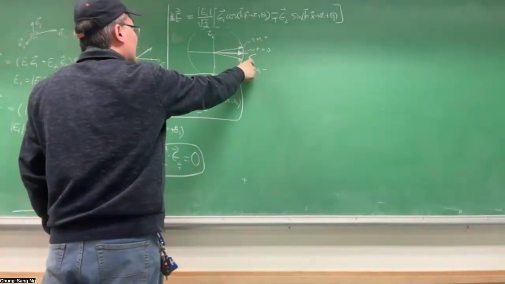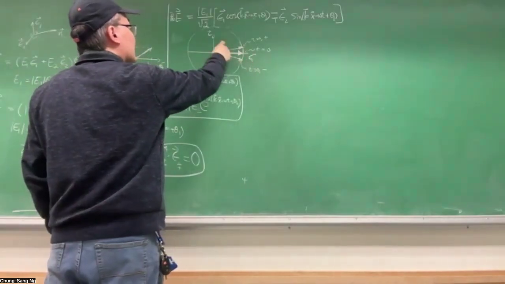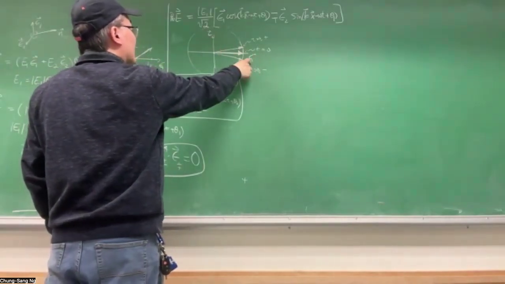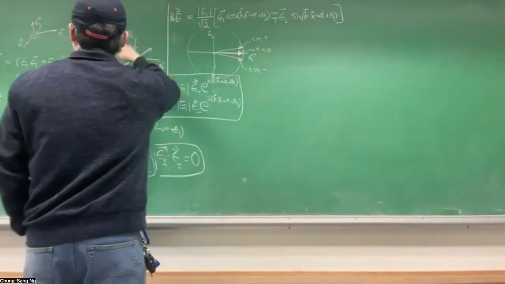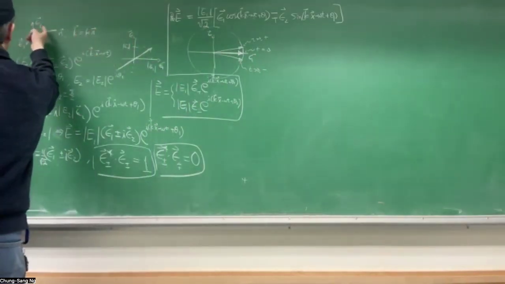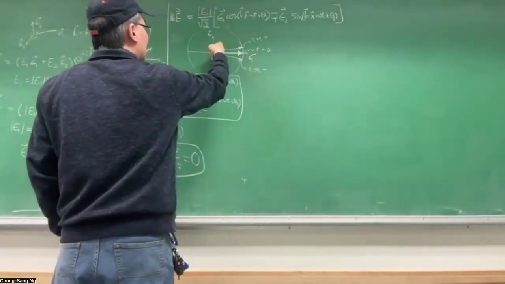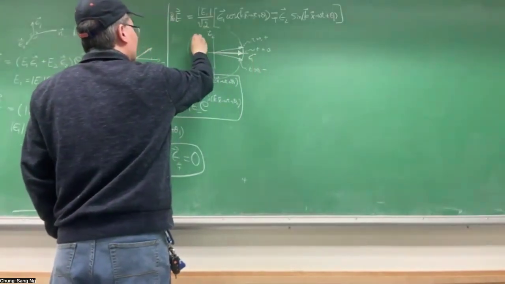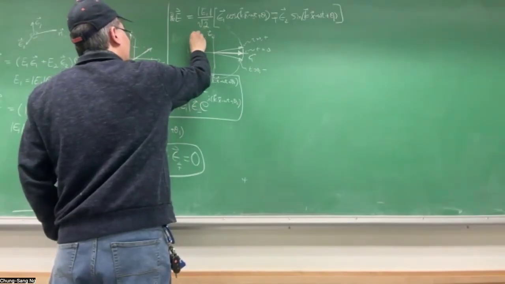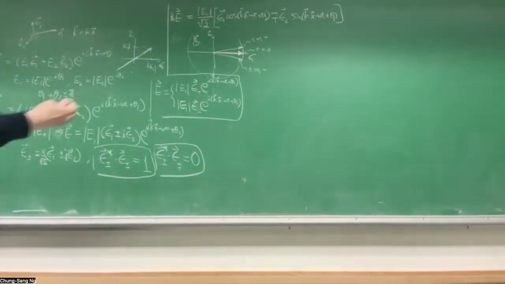First we need to determine the n direction. This epsilon 1, epsilon 2, and the n direction is epsilon 1 cross epsilon 2. So epsilon 1 cross epsilon 2 is the direction that is going out of the board. The n direction is going out of the board.